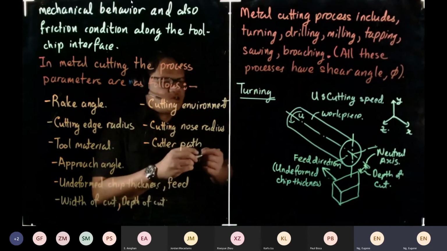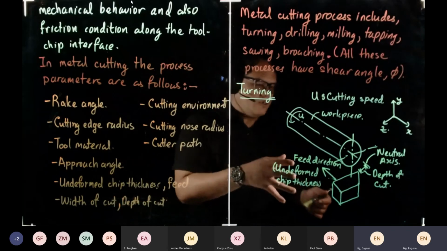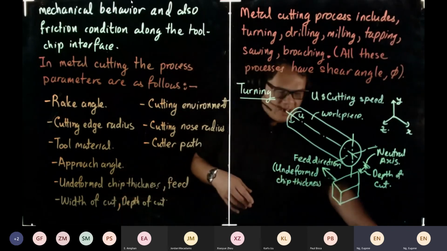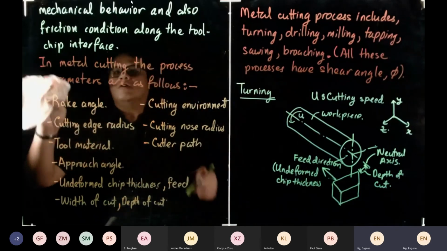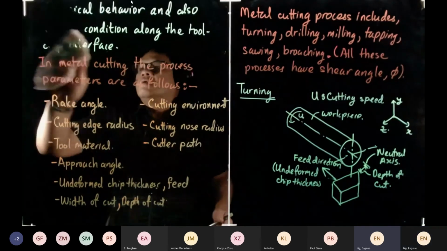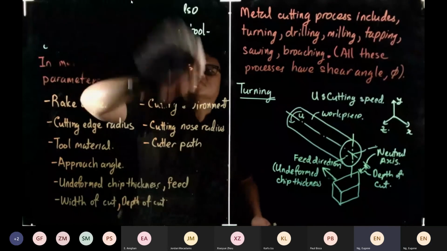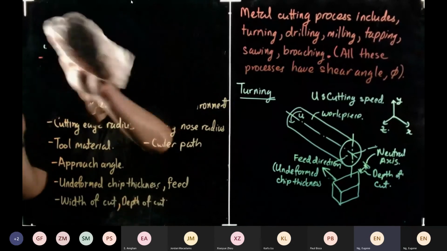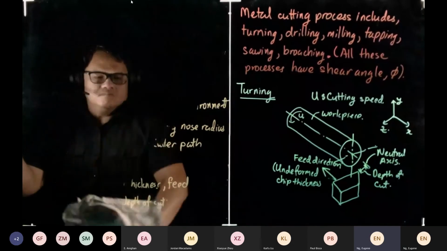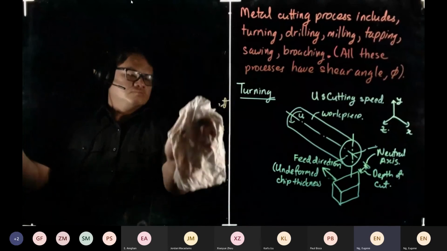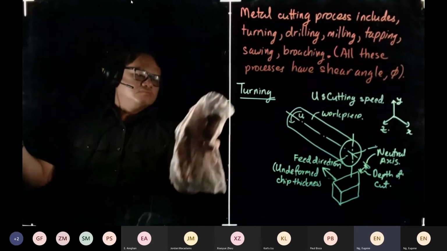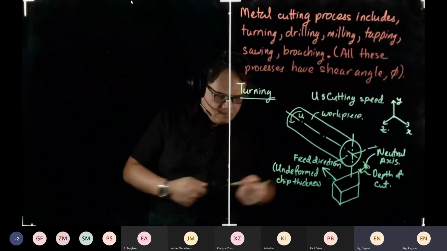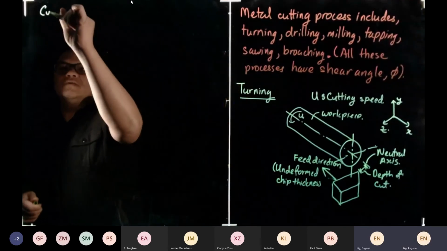Now let's look at some of these, cutting speed. How can we control them? Let me get rid of this. I'm going to use a lot of that diagram. So let's look at cutting speed.